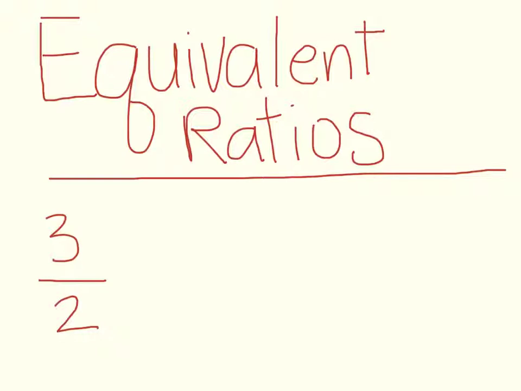So, for example, if I had 3 plus signs and 2 minus signs, and I doubled that group, or multiplied by 2, I'm just doubling that group. I'm keeping it proportional.